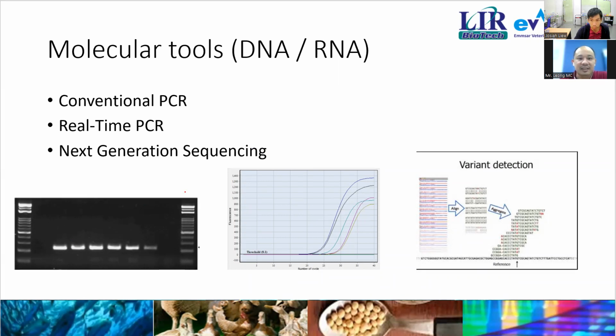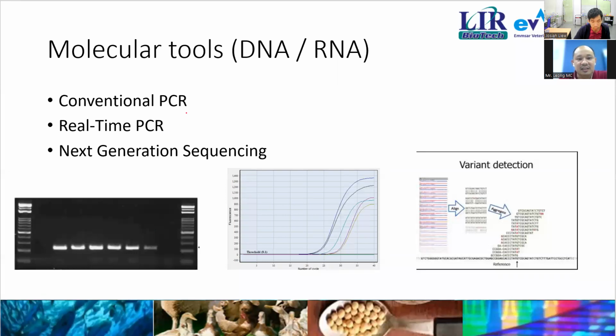PCR stands for polymerase chain reaction, which means we target a certain strand of the desired DNA and multiply it, so that we can view the result for detection of a certain part of a gene.